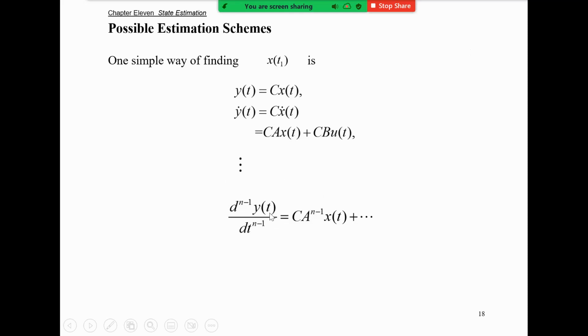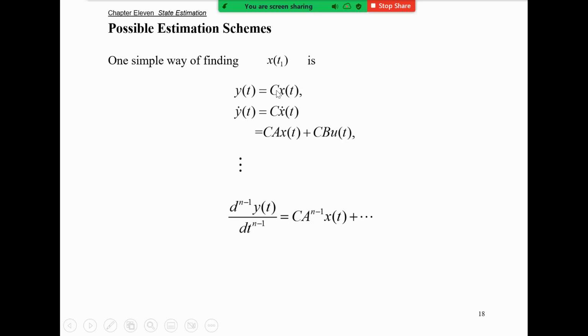Let's say we take the derivative n-1 times of the output. We are going to relate this to x, and also some other terms.